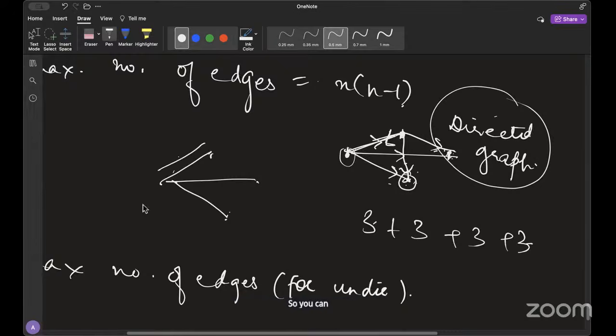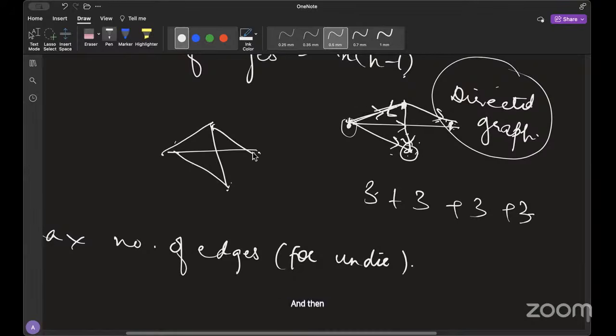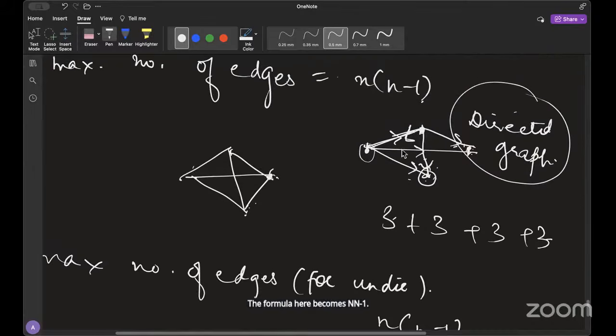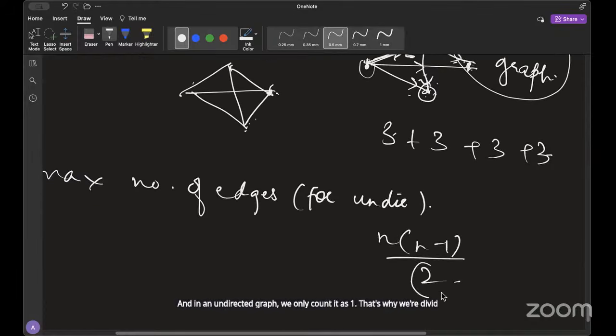So you can't have another edge here. You will not draw it again. So you only have these. And for this one, you'll only draw this. That's it. So the formula here becomes n(n-1)/2. Why? Because these are counted 2 times, and in an undirected graph, we only count it as 1. That's why we're dividing by 2 here.